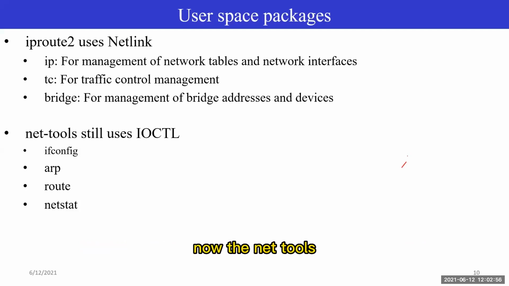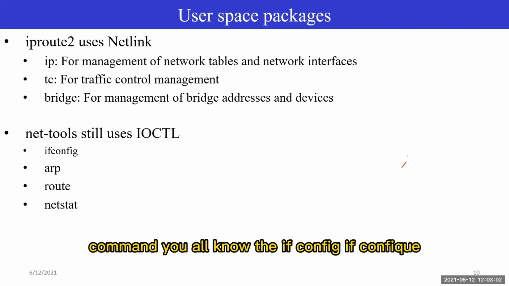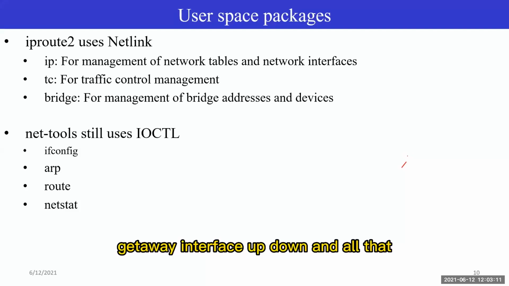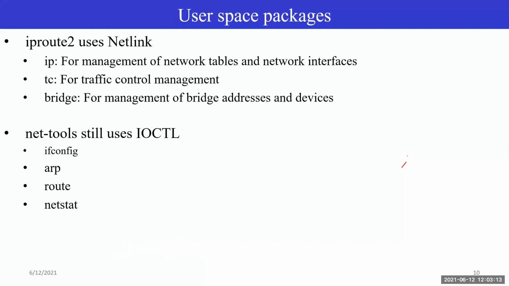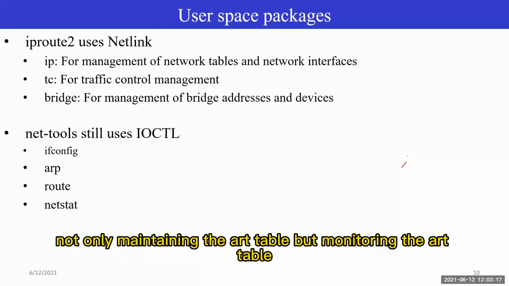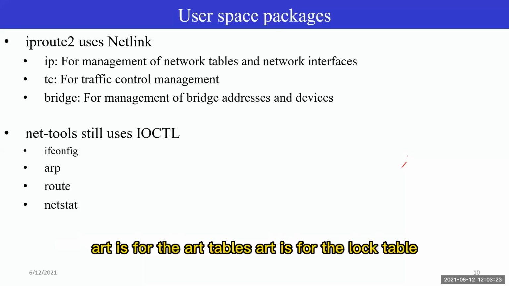Now the net-tools: ifconfig, arp, route, netstat, these are very famous commands. You all know the ifconfig command is used to set and get IP address, MAC address, gateway, interface up, down, and all that. ARP is for maintaining the ARP table, not only maintaining but monitoring the ARP table. Route is similar to ARP, but ARP is for the ARP table, route is for the route table.